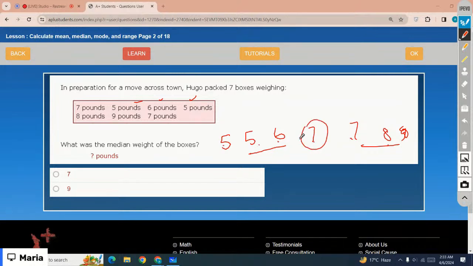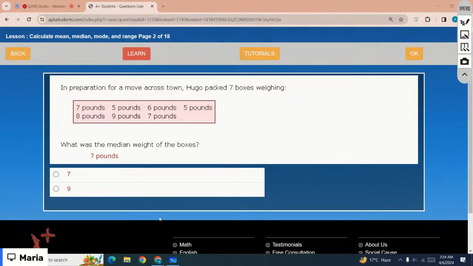The median is exactly the middle number that divides the data into two equal groups. So the median of the given data is 7. The correct option is 7.